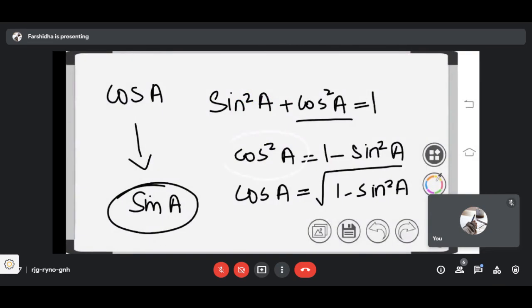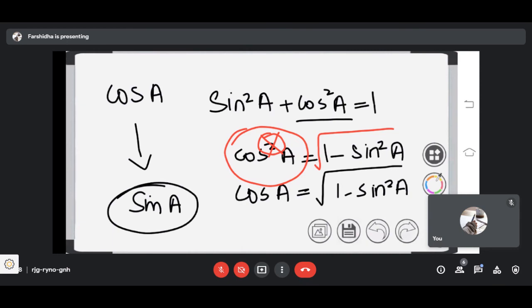From this cos square A, I have removed the square. When I remove the square, I need to put root on the other side. That's the rule. When you remove square from one side, you need to put root on the other side.